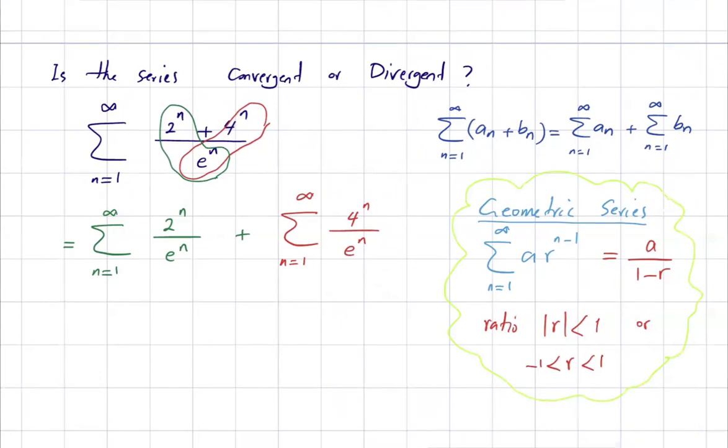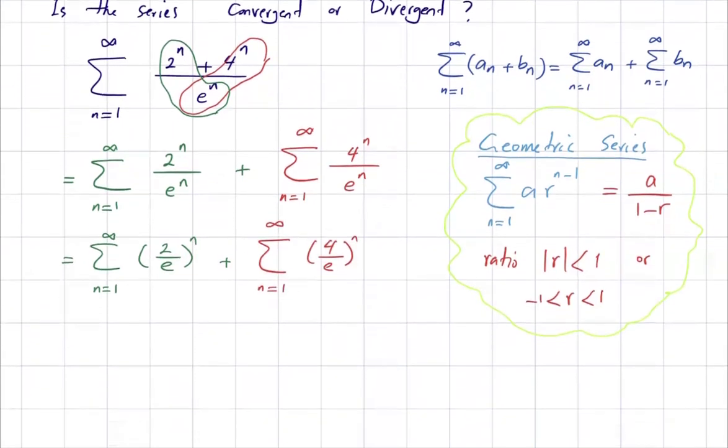So the first series is nothing but the summation of 2 over e to the power n, n starts from 1, goes to infinity, plus the second series, which is the summation of 4 over e to the power n, n starts from 1, goes to infinity. Well, what is the ratio in the first case? The ratio in the first case is 2 divided by e.